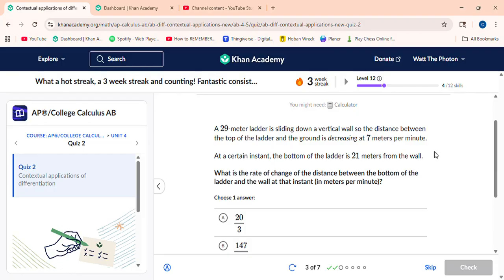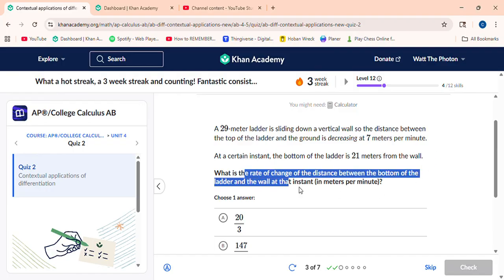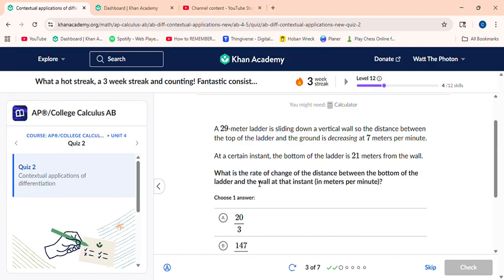What is the rate of change between the bottom of the ladder and the wall?